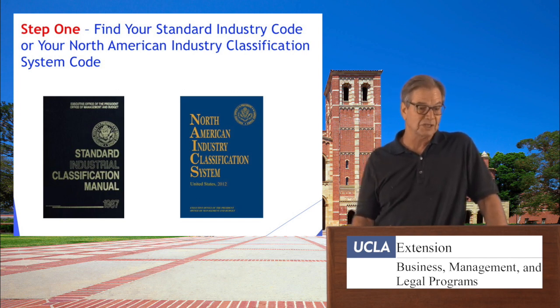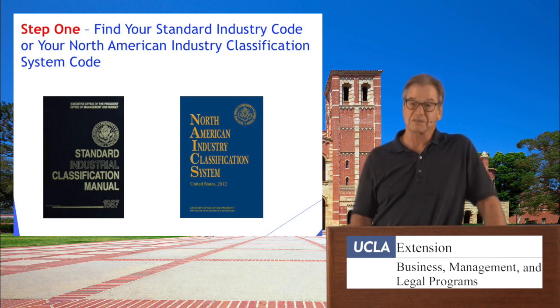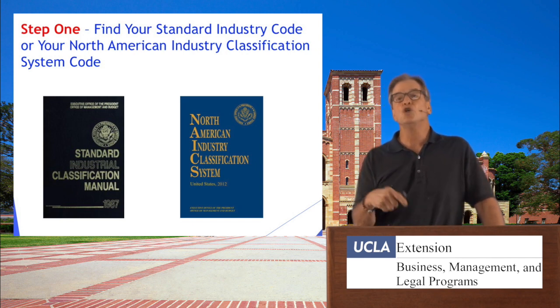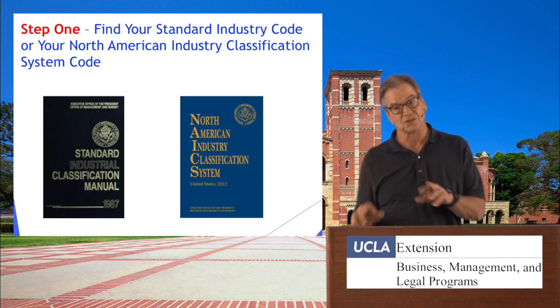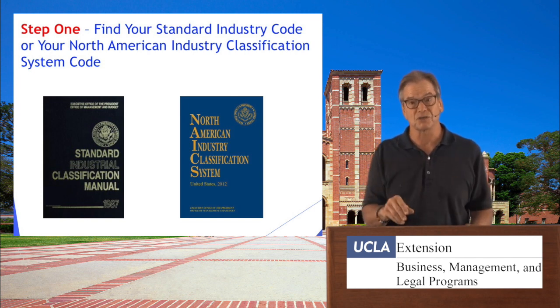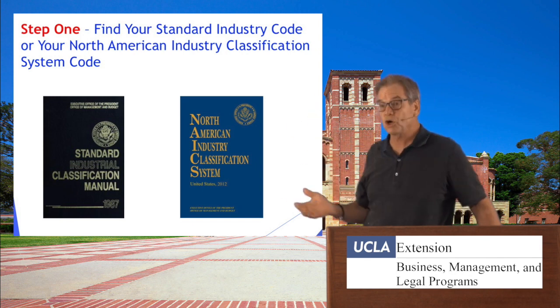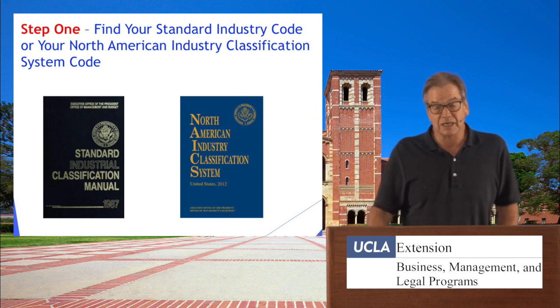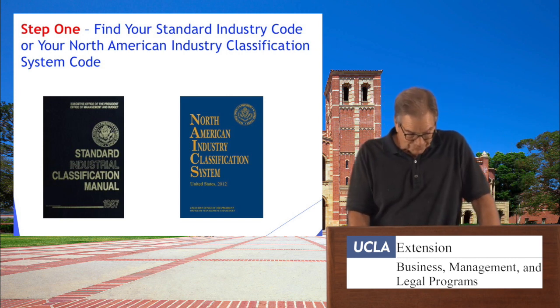Just Google SIC code or standard industrial classification code, and there are numerous websites on the internet where you can start typing in descriptions of your industry, the title of your industry, and it takes you to sections within these code systems to find the code that represents your industry.